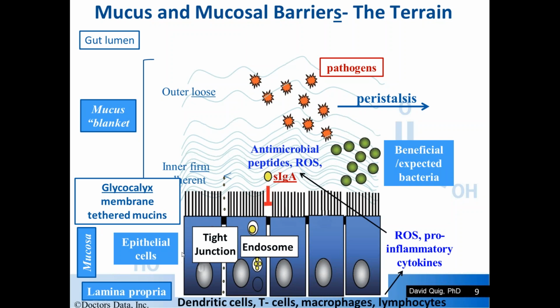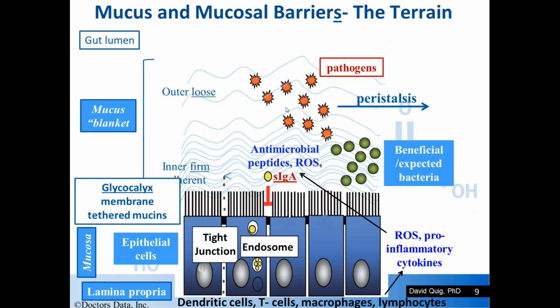And then underlying the epithelial cell barrier, we have the lamina propria, which is a connective tissue that is just loaded with immune cells such as dendritic cells, T cells, macrophages, and lymphocytes. Now, the lamina propria located cells produce reactive oxygen species and pro-inflammatory cytokines, as do the endothelial cells, which also produce the antimicrobial peptides and the secretory IgA.